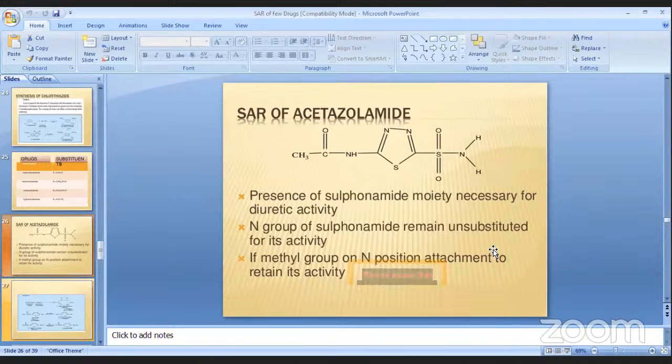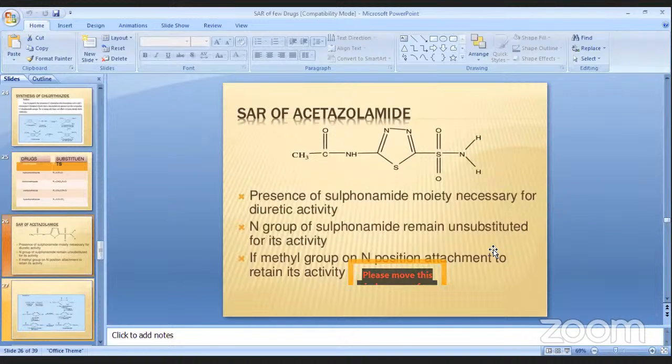So the methyl group at the end position remains active, but whenever you replace both hydrogens of the sulfonamide amine NH2, it will become inactive. Only one substituent is desirable in case of methazolamide, a very important drug similar to acetazolamide.